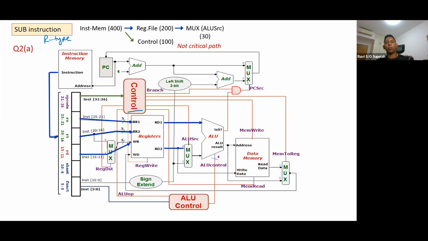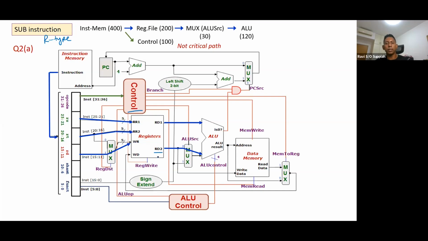After I complete the register file, I have to pass the data to the ALU, correct? So this ALU source timing has to be factored in, because this mux only takes effect after the data has been generated from the register file. After the data comes out of the register file, I go to the multiplexer, and then I compute. That's the ALU timing.